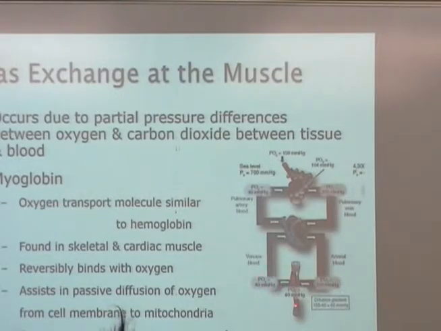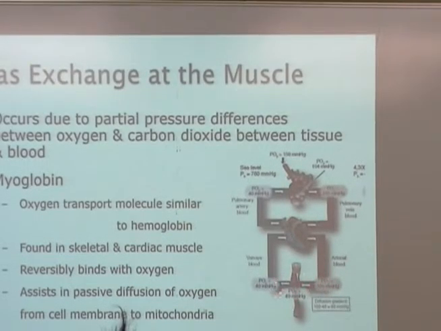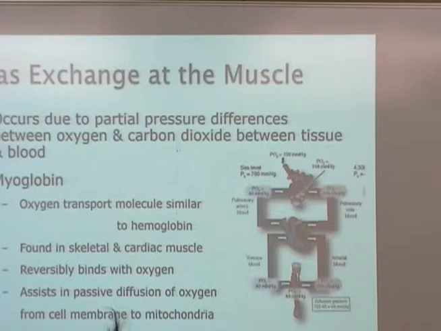And when we look at altitude, that's where our problems start occurring. In the muscle, we have another molecule that's quite similar to hemoglobin. It's not exactly the same, but it's very similar, and it is helpful for transporting the oxygen.